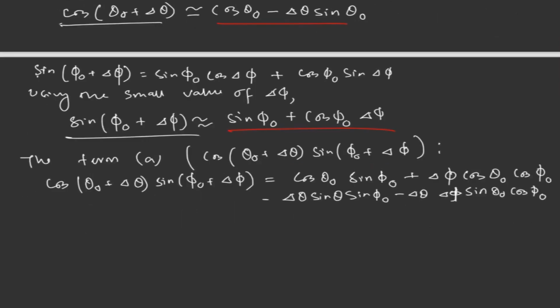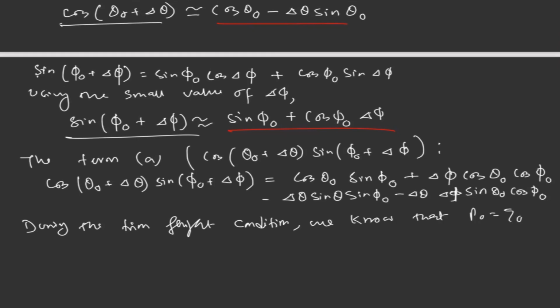Again, we can note that during the trim flight condition, we know that P naught equal to Q naught equal to R naught equal to V naught, and phi naught equal to 0, and n naught equal to 0. For the trim condition, these reference values of these variables should be 0.